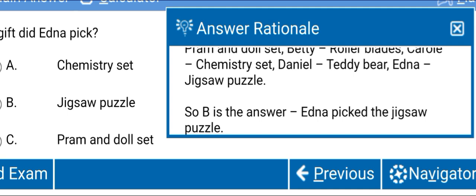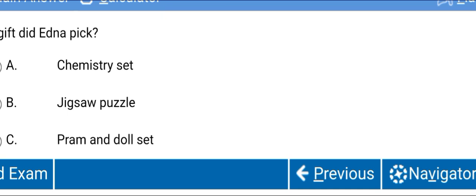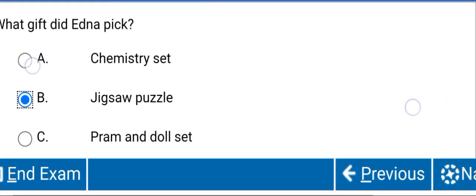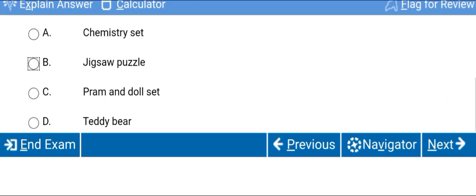So B is the answer. That means Edna picked the jigsaw puzzle.